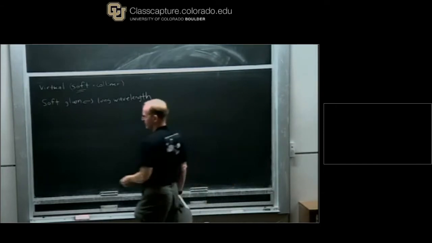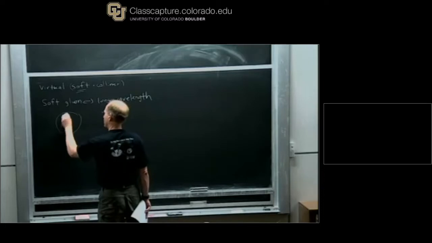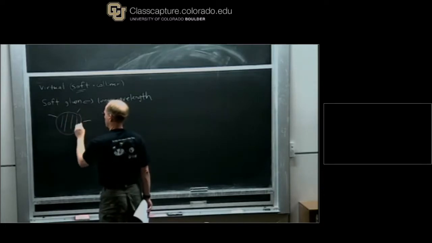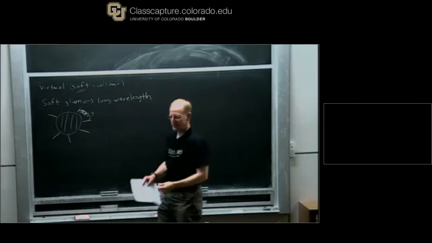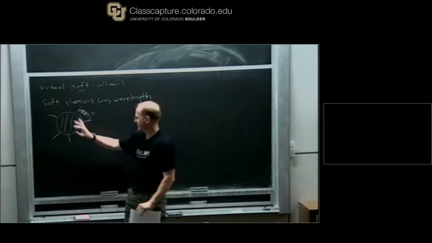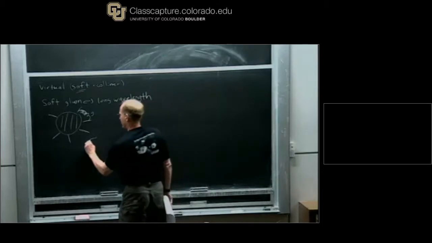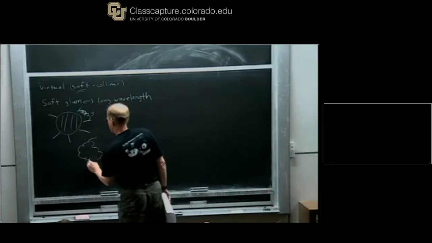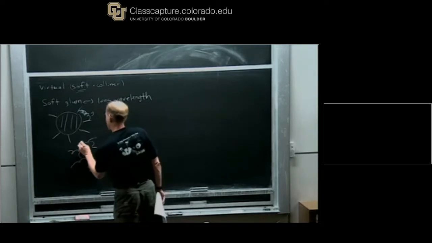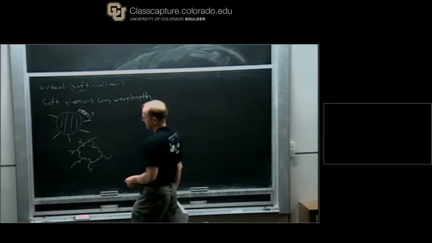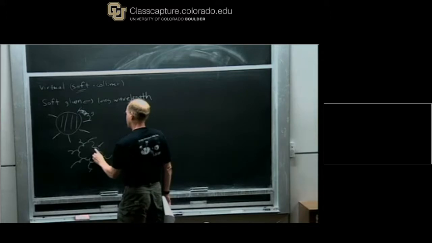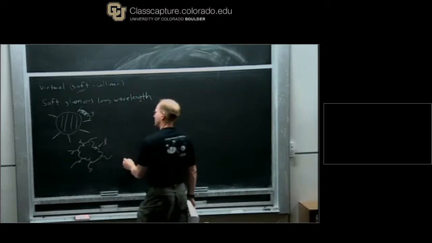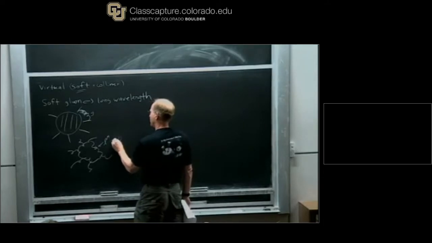And so for some generic process, if we exchange some soft gluon, it shouldn't really be able to see into the heart of the process. In other words, if you look at some diagram inside this process, then you want to identify a loop momentum here. And send it to 0.